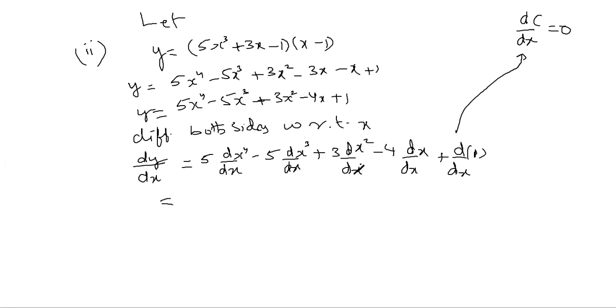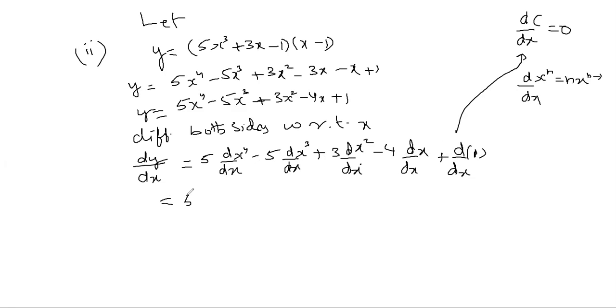And here you can use the formula d by dx of x raised to power n equals nx raised to power n minus 1. In all parts of question number 9, except the last part 6, this formula is applied.